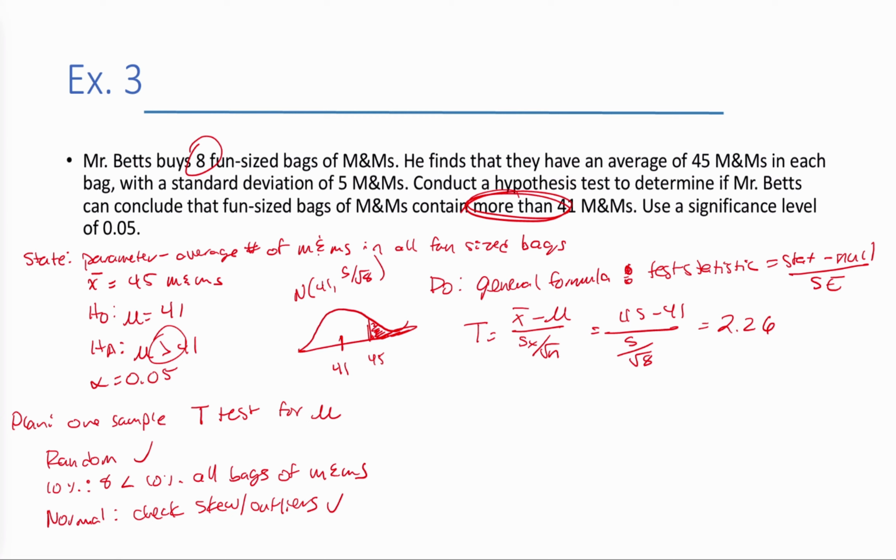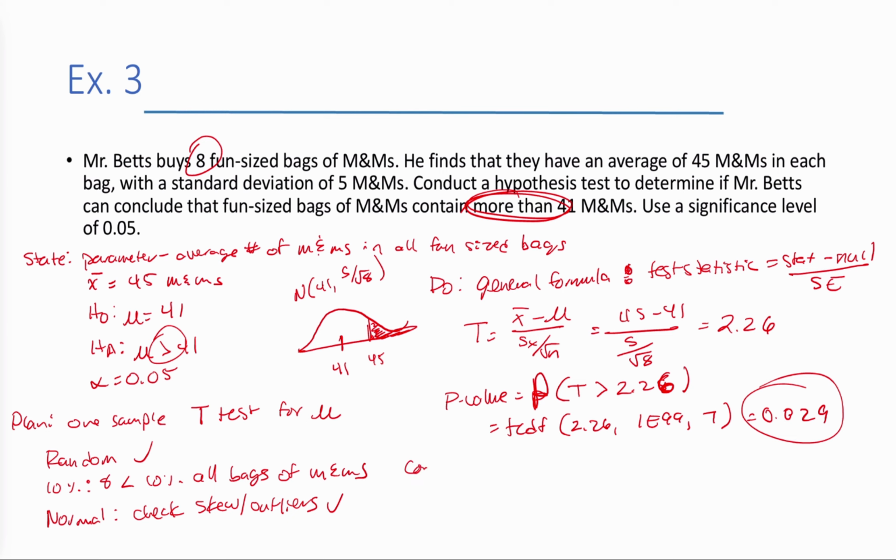And then our p-value is going to be the probability that t is at least 2.26, which would be TCDF with a lower bound of 2.26, an upper bound of 1E99, and 7 degrees of freedom, which is 0.029.